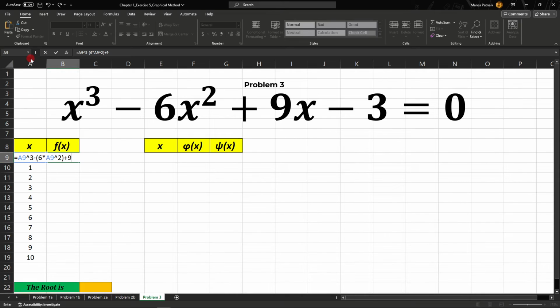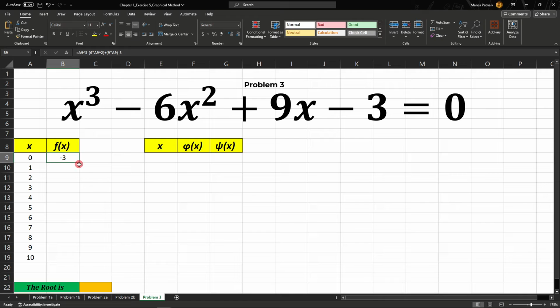Okay, the cell's name is A9, so this is going to be inside the bracket, 9 multiplied by A9. If you're unable to select the cell, write down the name of that cell. Plus 9x minus 3. So on plugging in the value of x as 0, the value of the function works out as -3. Fair enough?